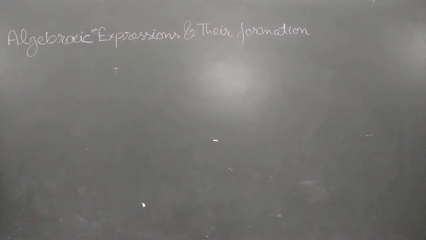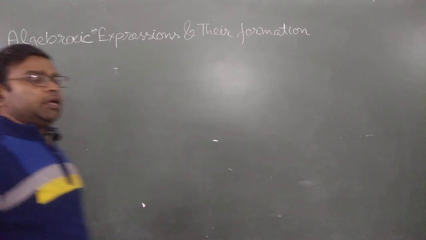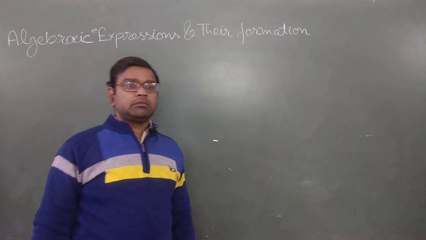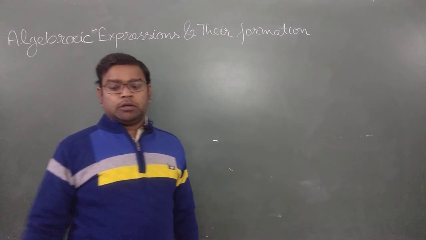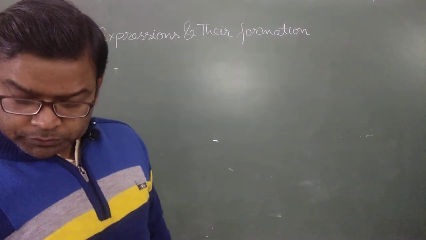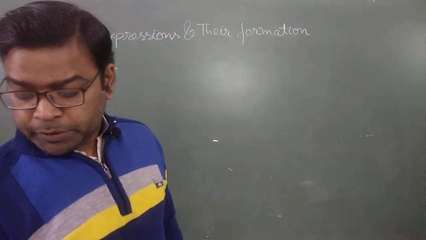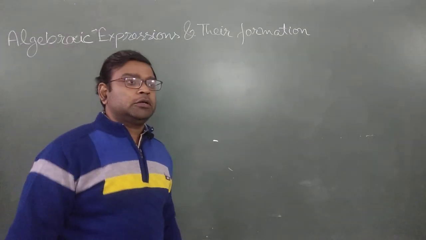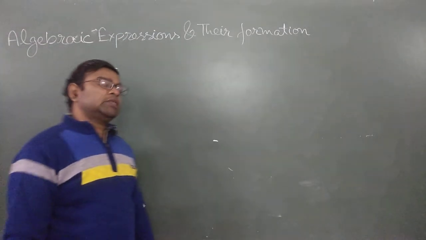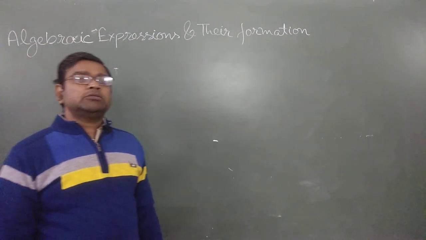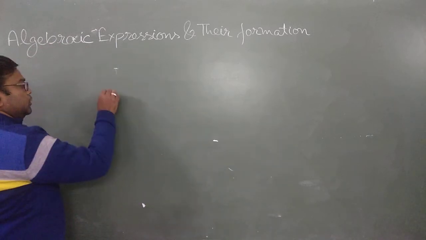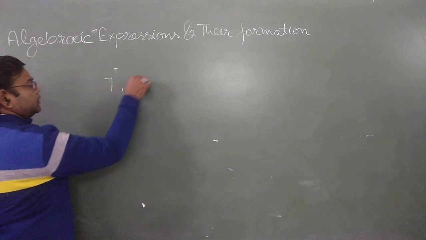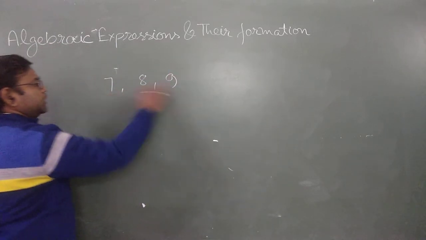Now, for practicing those problems of algebraic expressions, questions may come that by using some operations, write down the expressions for the numbers 7, 8, 9. Suppose 3 numbers are given to you.